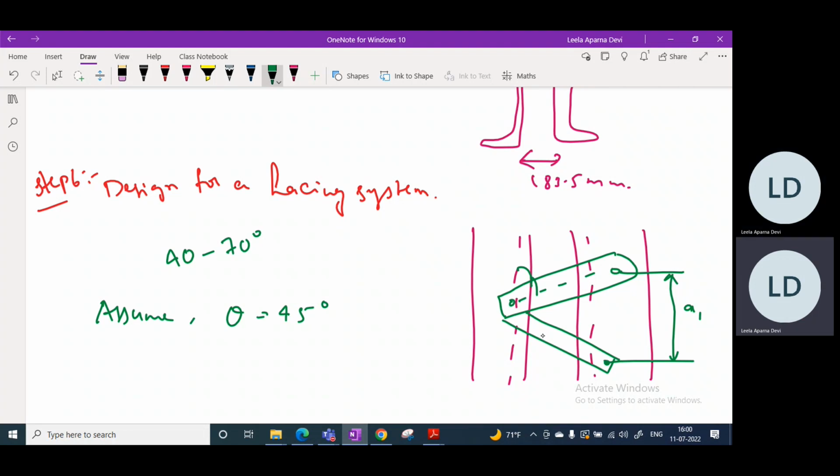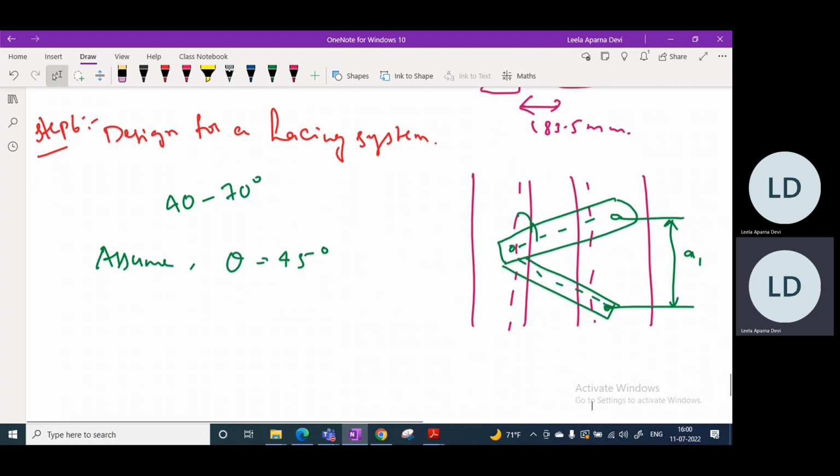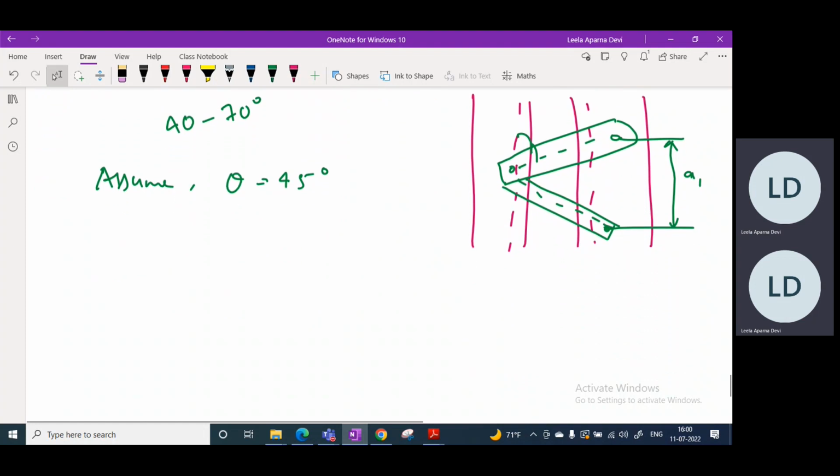So now, for this system, I'm drawing some line diagram.